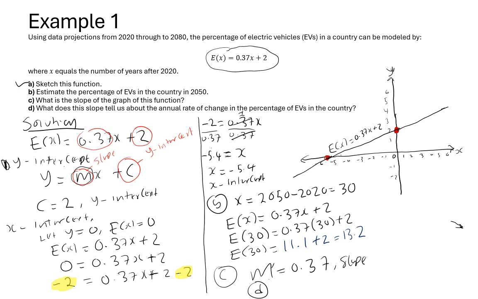The slope tells us how the percentage of electric vehicles changes in the country per year. So in this case, the slope is telling us that the percentage of electric vehicles in the country is increasing by 0.37% per year.